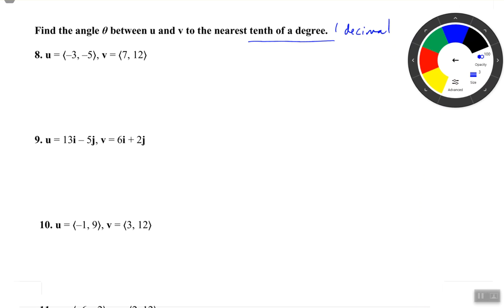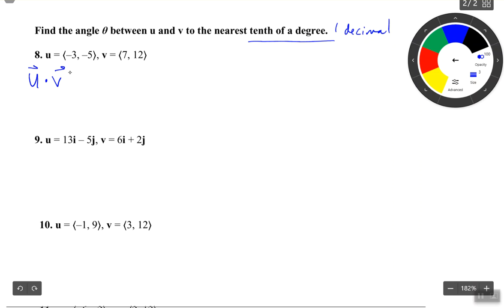For this one, to find the angle, do I have to find the dot product and the magnitude for both of them? So let's do the easy part. Let's find the dot product. So what's the delta x for u? 3. And what's the delta x for v?